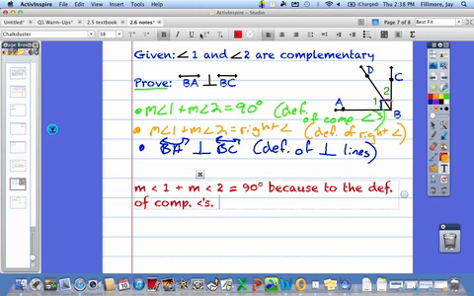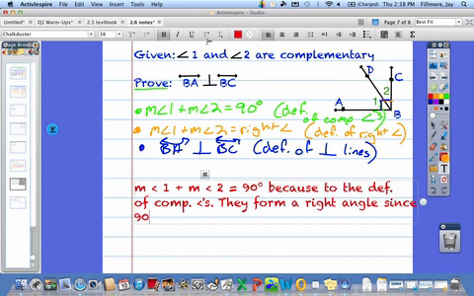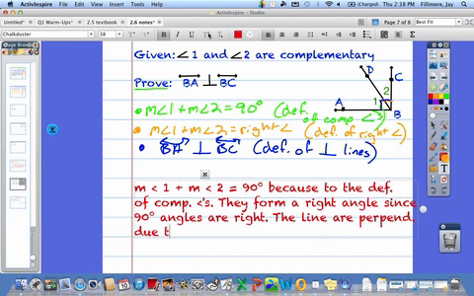And we can say that they form a right angle since 90-degree angles are right. That's the definition of a right angle. And lastly, we can say the lines are perpendicular due to the definition of perpendicular lines. Or you could say instead, they're perpendicular because the two lines form the right angle.